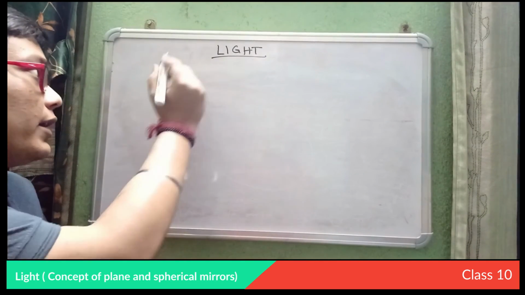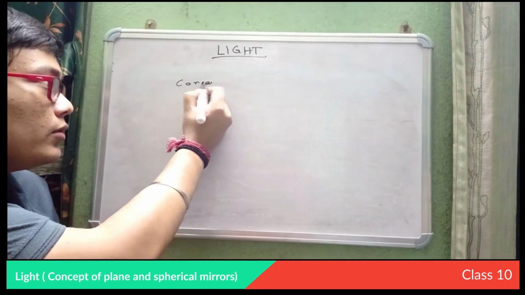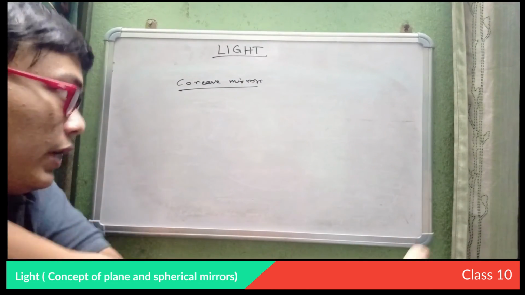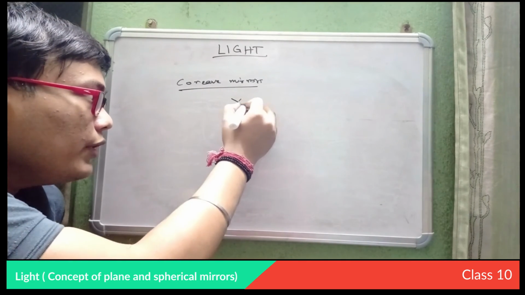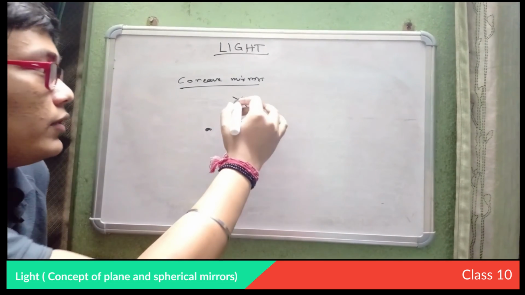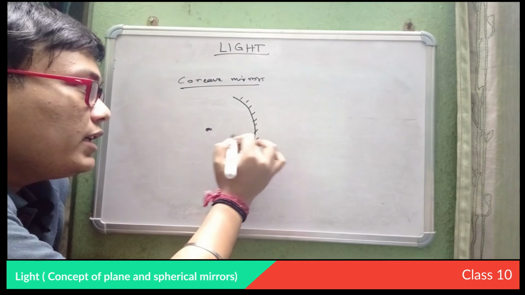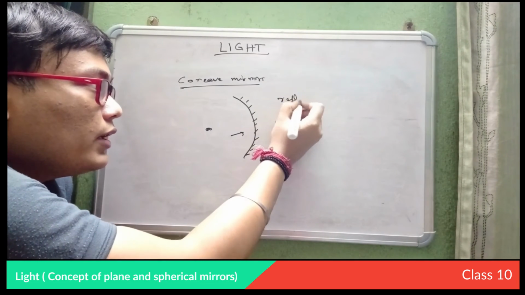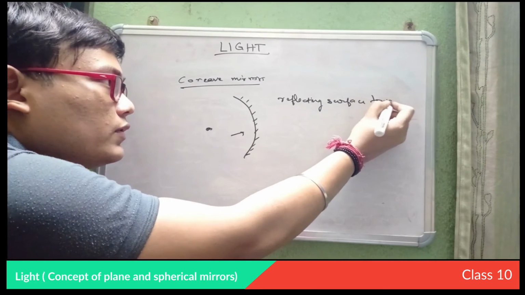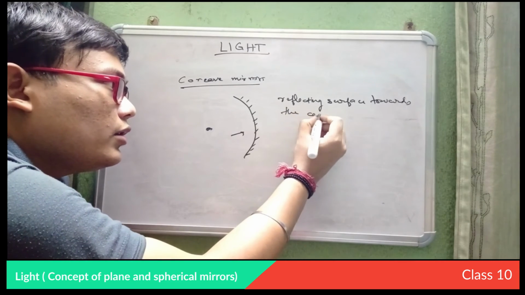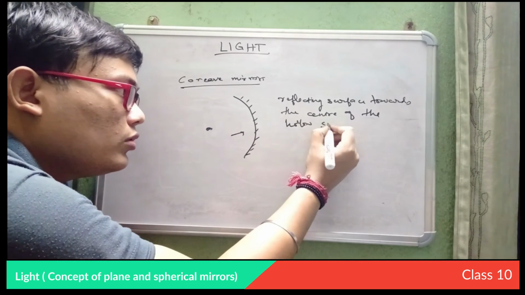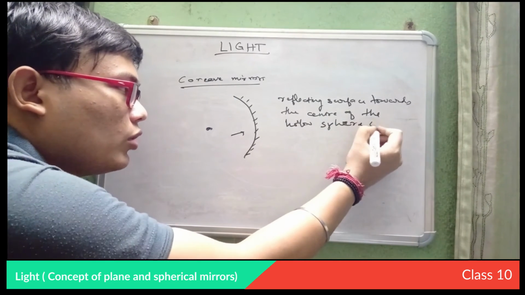I'll quickly do a comparative study between concave and convex mirrors. For concave mirrors, we have the reflecting surface towards the center of the hollow sphere containing it.